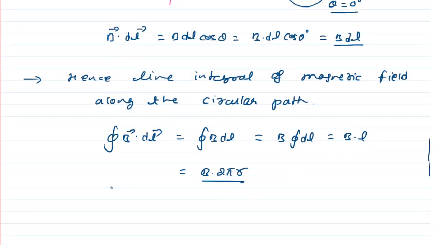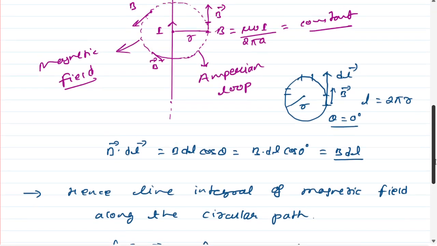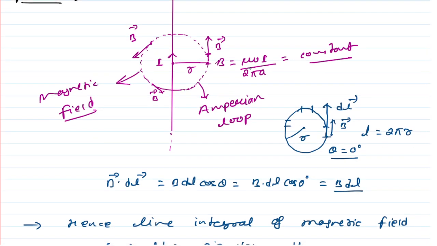Now, the B value is mu naught I by 2 pi r only, since it is an infinite length wire.